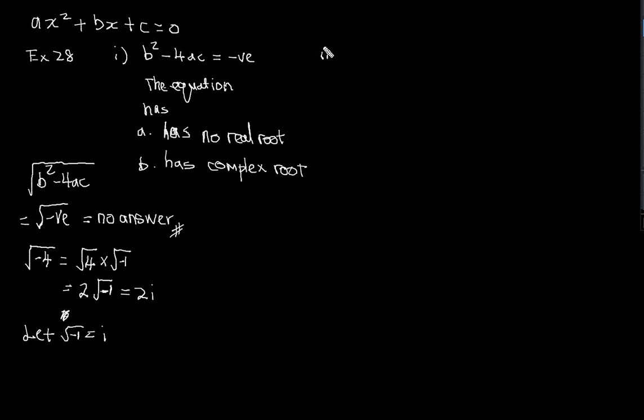The second part is b squared minus 4ac equal to 0.